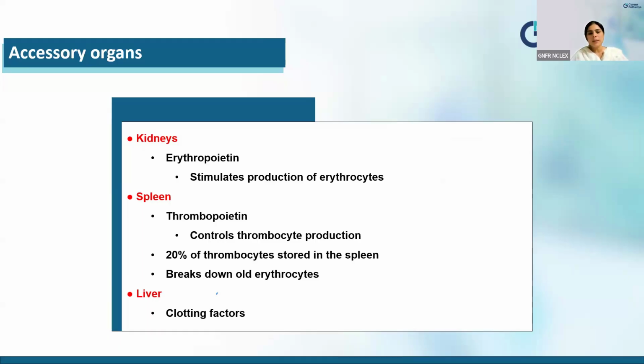And the liver helps with the clotting factors. So these three are the accessory organs for this system. I forgot the name of the system, the hematology system.